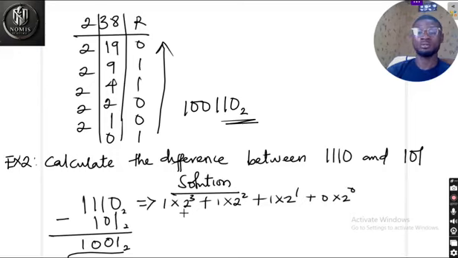So everything here is 8 plus 4 plus 2 plus 0, since multiplied by 1 is 0. So 8 plus 4, 12, plus 2, that's 14.